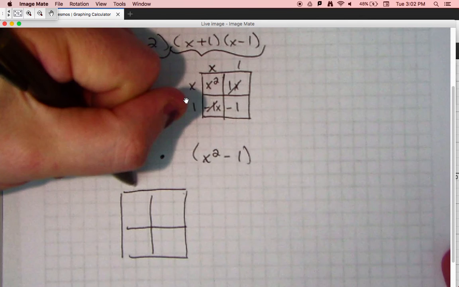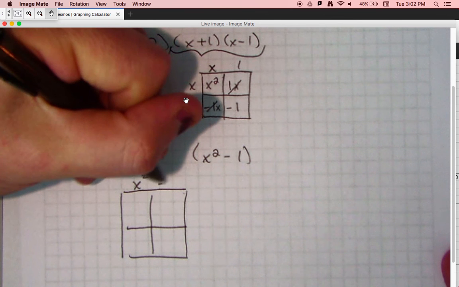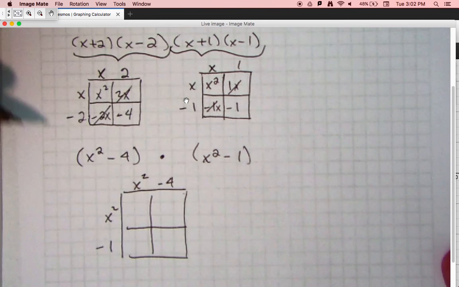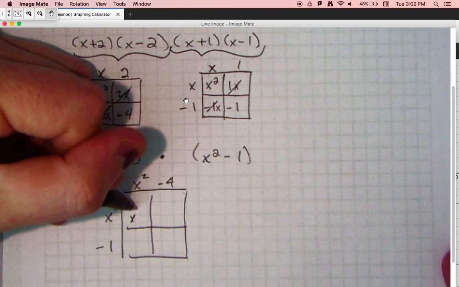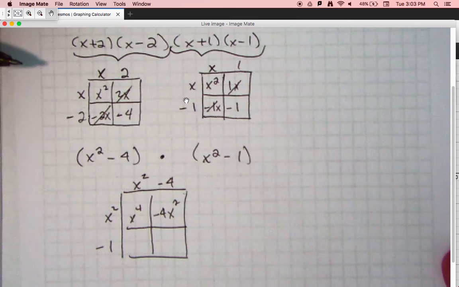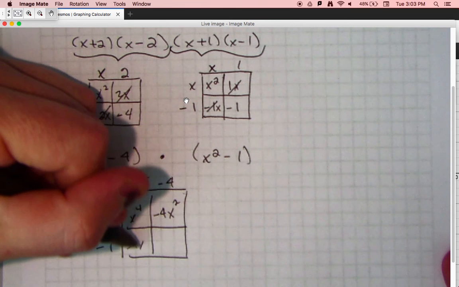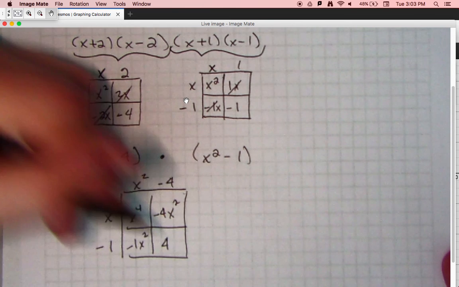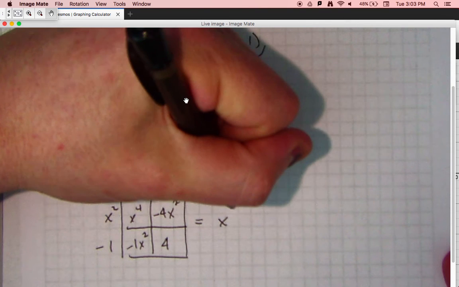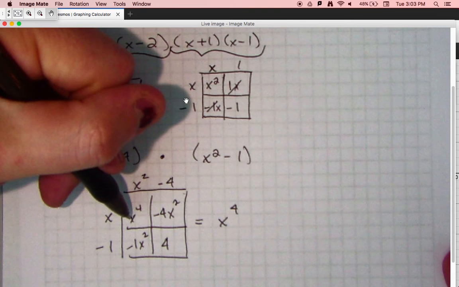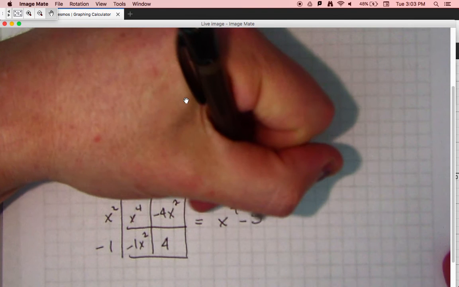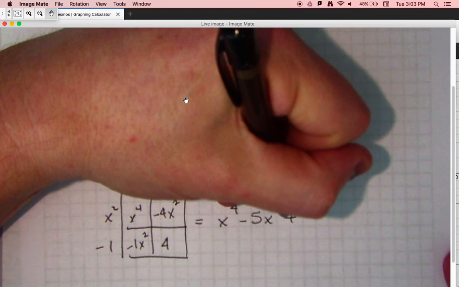I put my x squared minus 4, I put my x squared minus 1, and I get x to the 4th, -4x squared, -1x squared, and +4. And so then I go ahead and pull that out, and I get x to the 4th from that one, -4 and -1 is -5x squared, and +4.